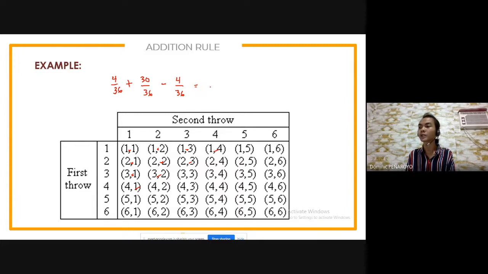So, 4 over 36, so that's a total of 30 over 36, so ang final answer natin ay 5 over 6. Again, our final answer should be 5 over 6. Pag 30 over 6 yung sagot natin, again, that's incorrect. Your answer must be expressed in reduced fraction.